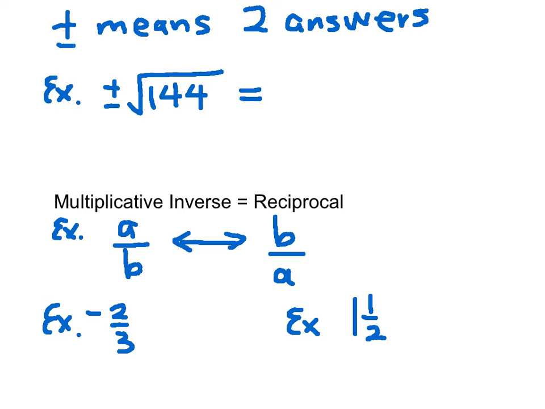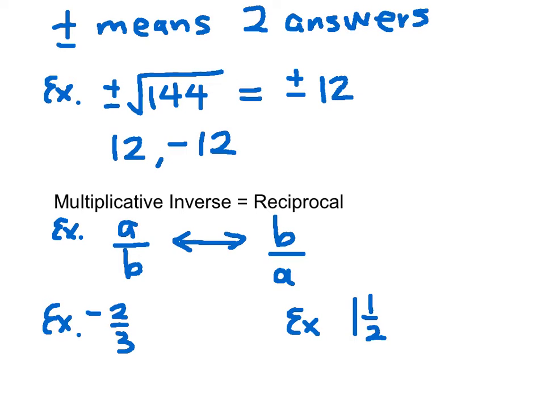Well, you know what the square root of 144 is, don't you? Yes, I knew you knew. That would be 12. But remember, it's asking you for the positive and the negative answer. So really, this is a shorthand way of writing positive 12 and negative 12.